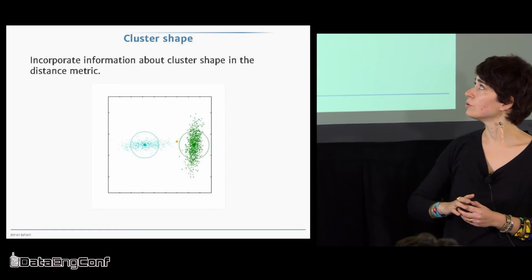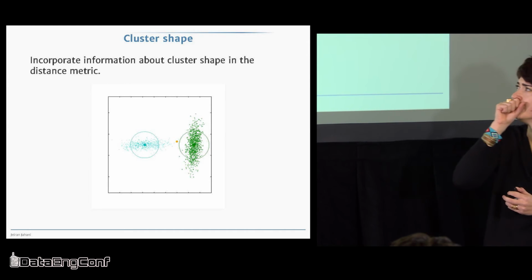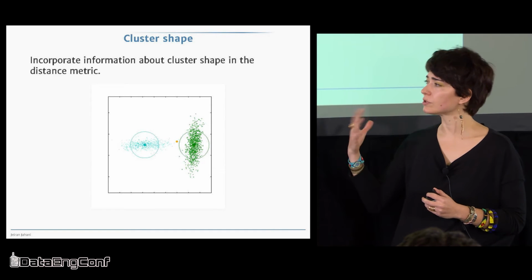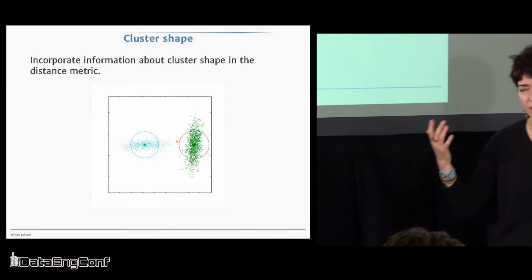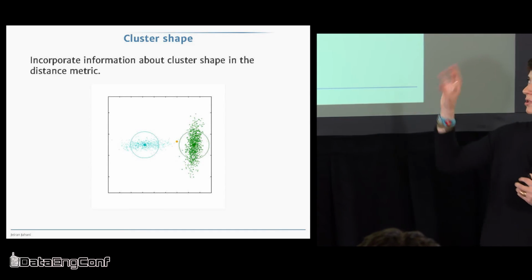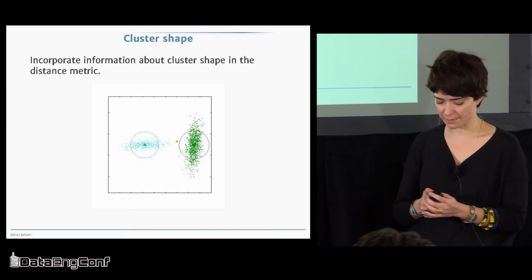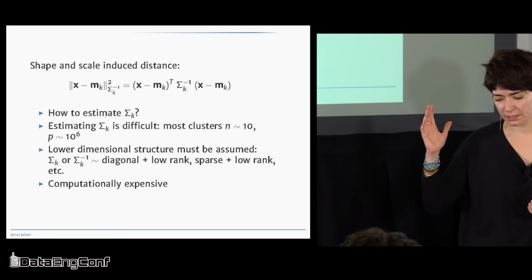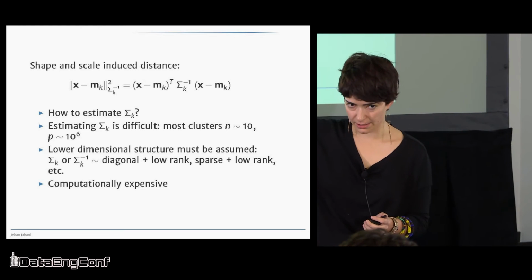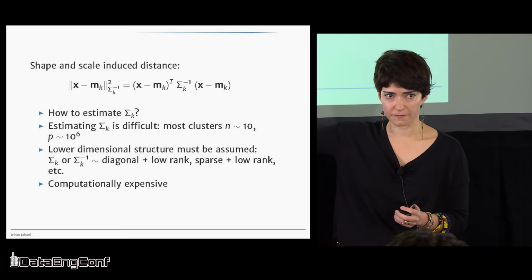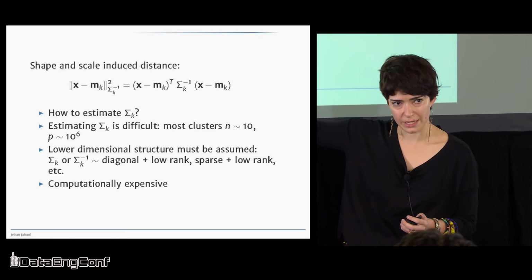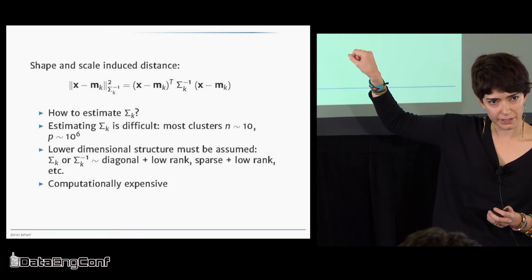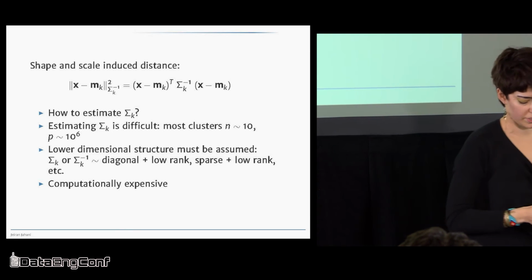So you want to use something to scale the distances, and this something should capture cluster scale and shape at the same time. Basically, you want a higher distance along a dimension with higher variation to count less than a small distance along a dimension with lower variation. That's the effect that you want to capture.